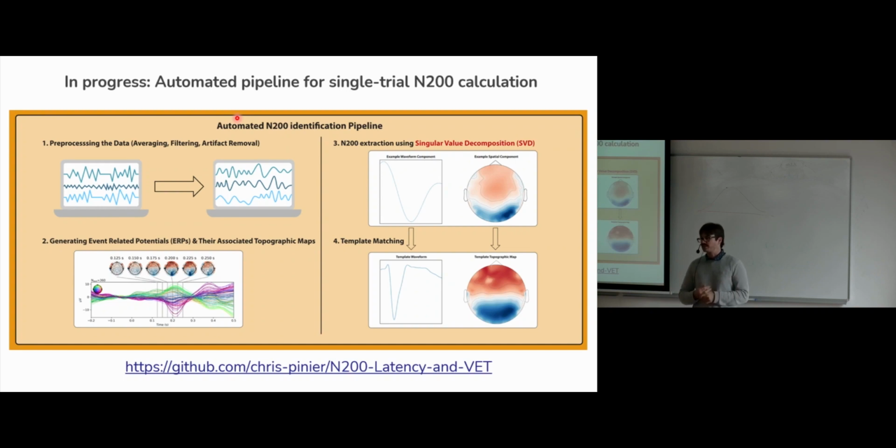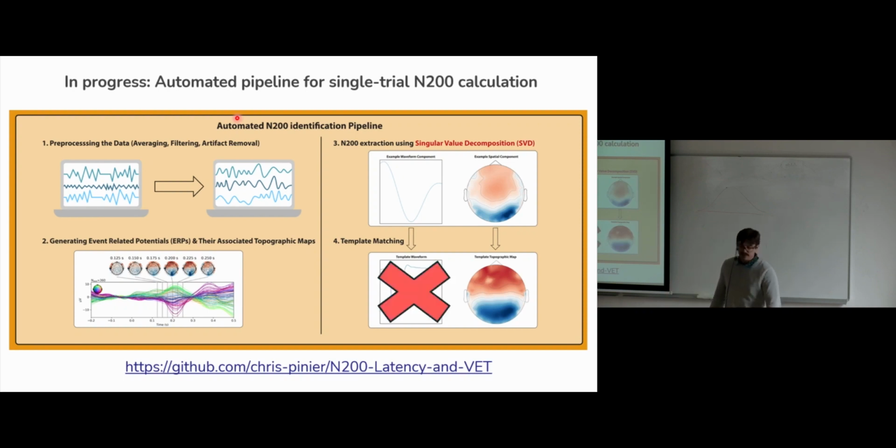So if you're interested in a specific waveform, the single-trial N200, you can just put it through a template match, and then you automatically get that component that you need. So if it doesn't map to the first component in your PCA, you can just do a template match.